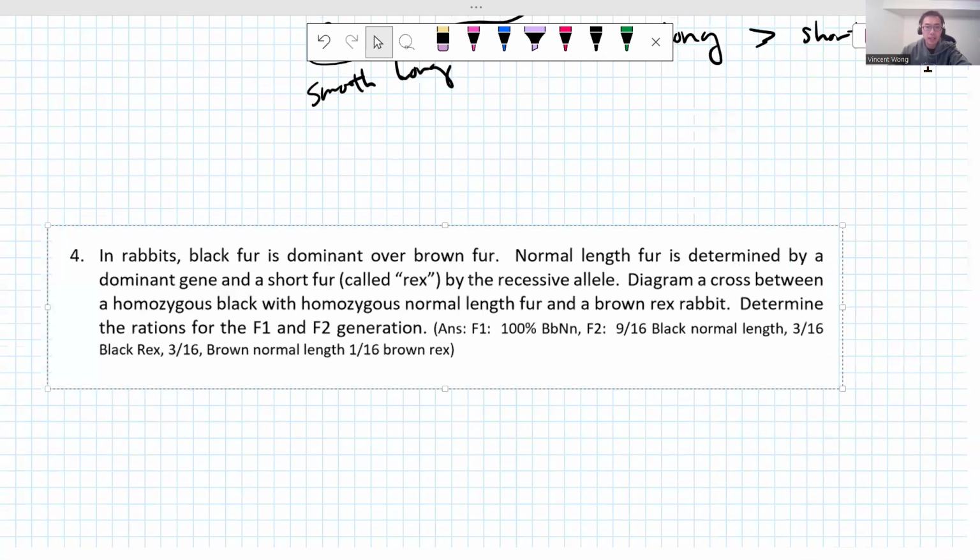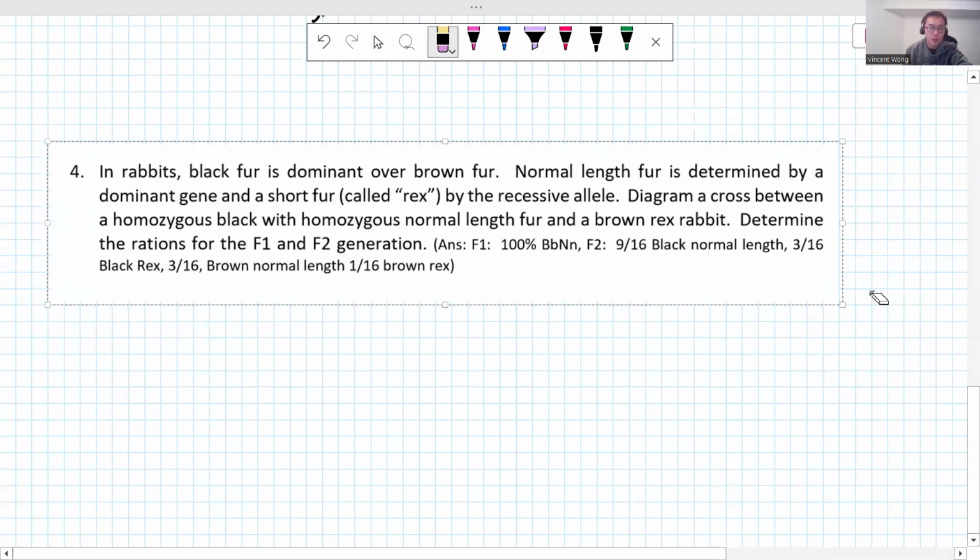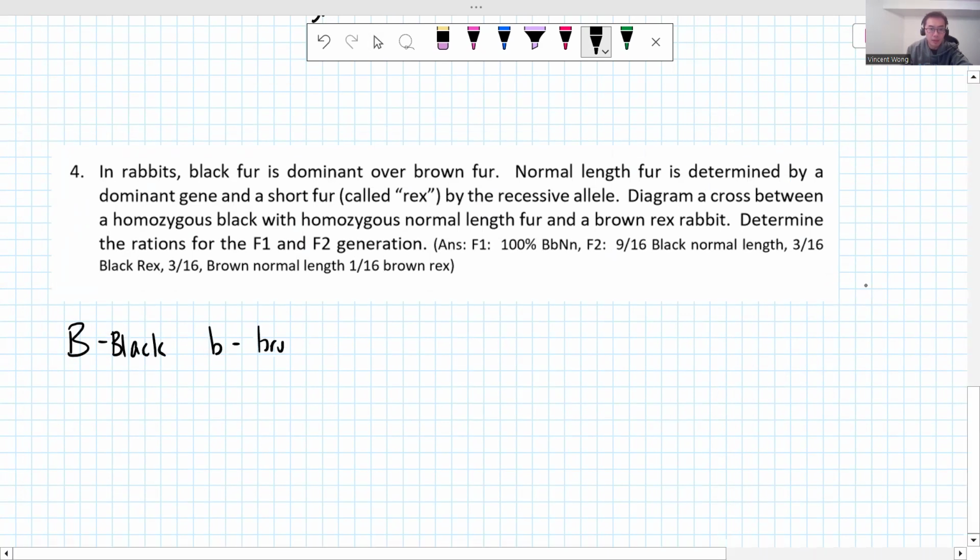In rabbits, black fur is dominant over brown fur. Right, so we should use big B for black, small b for brown. Normal length is determined by a dominant gene, and short fur, which they call Rex, is by its allele.